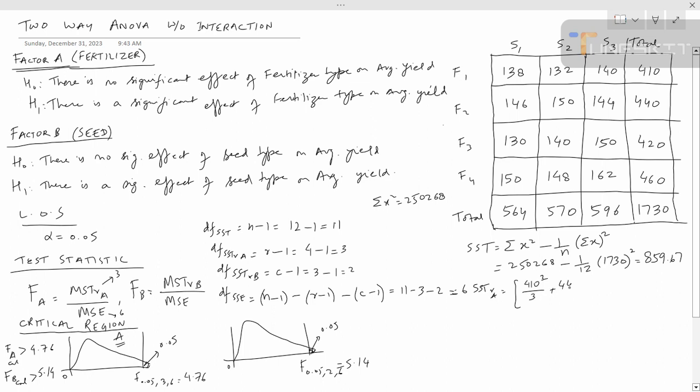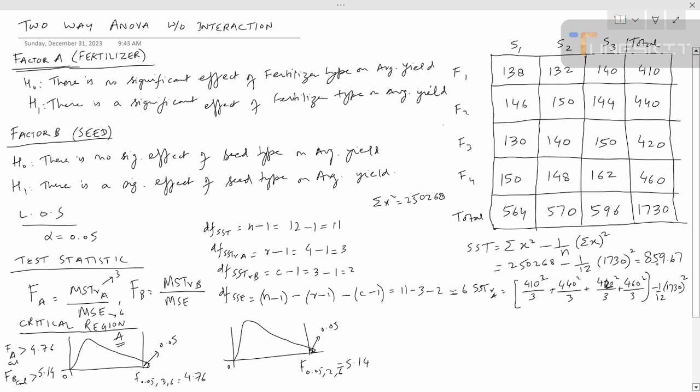Then 440 squared divided by 3, then 420 squared, what I missed out, this should be 420, and then 460 squared divided by 3, minus 1 upon 12 times same 1730 squared.